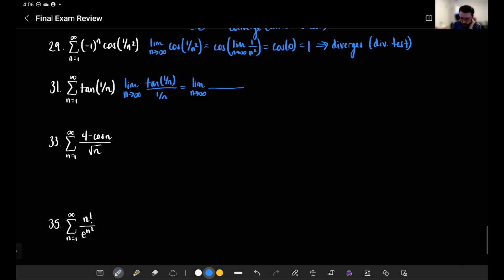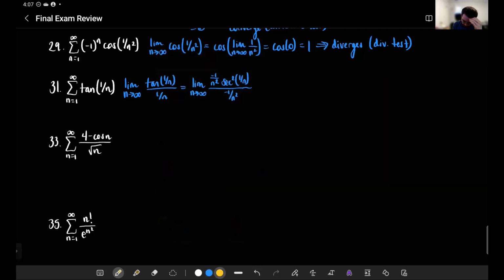Their derivatives. The derivative of tangent of 1 over n is secant squared of 1 over n. And then the chain rule says multiply by the derivative of the inside, so that's negative 1 over n squared. On the bottom, the derivative of 1 over n, we just did that. That was negative 1 over n squared.